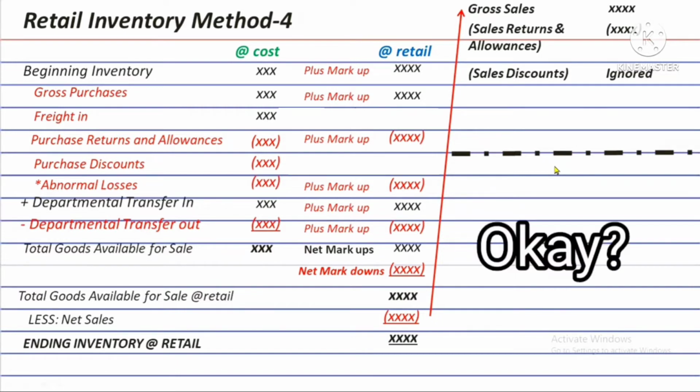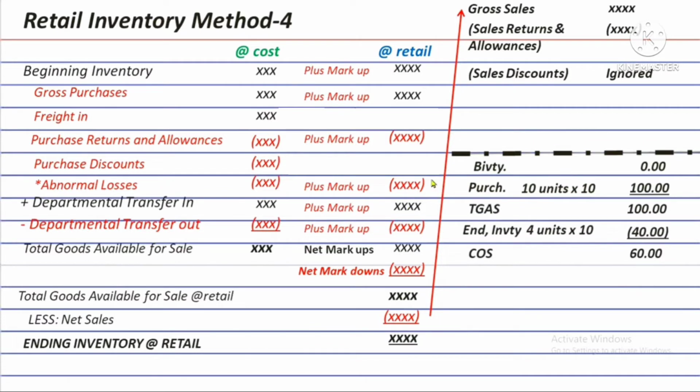So let's do that. For example, a company computes its cost of sales like this. The beginning inventory is 0, so let's assume that the company is still starting. The purchases of the company for the current year is 100, which, when broken down, is 10 units times a cost per unit of 10.